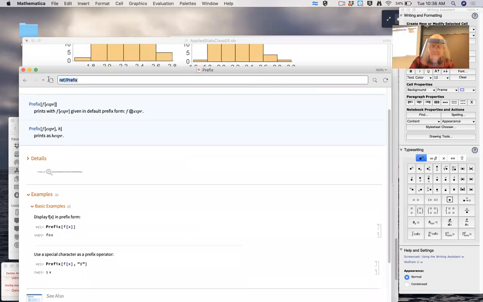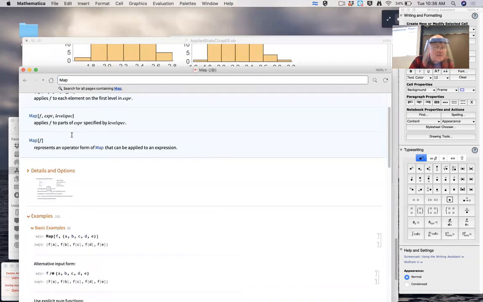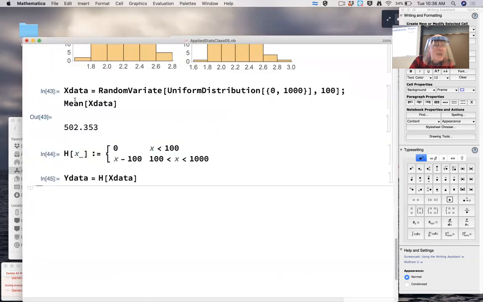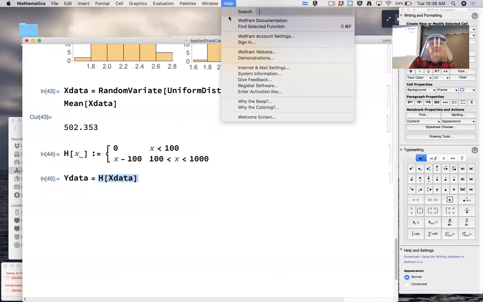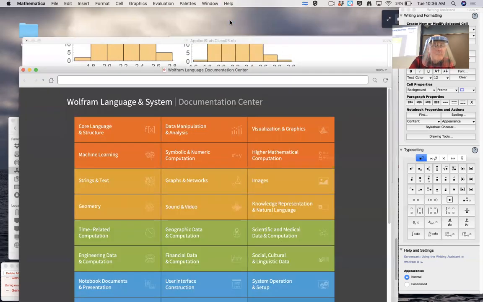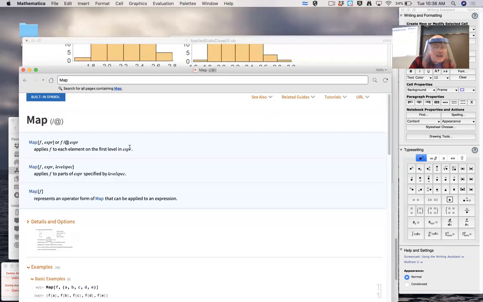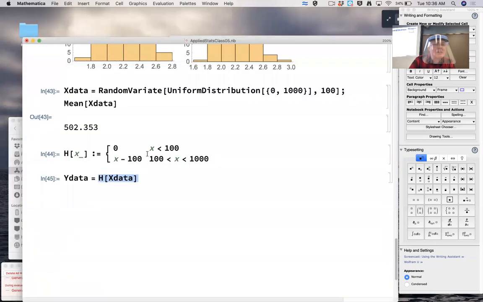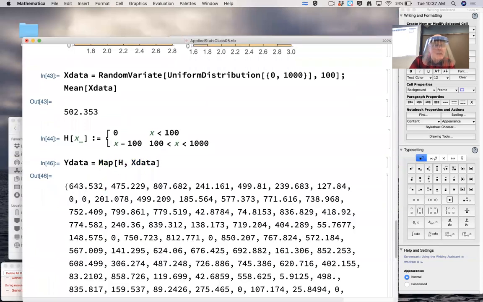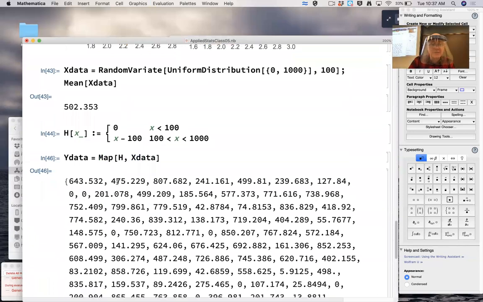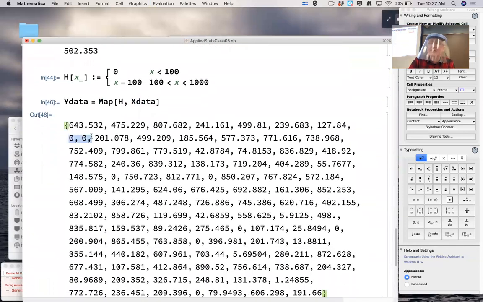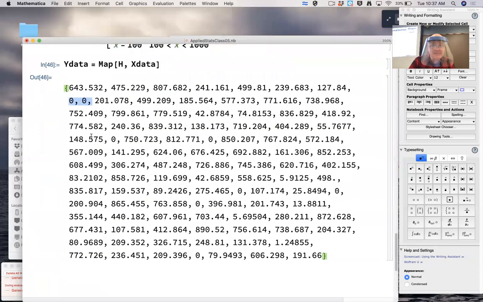Map. I think that's it. Yeah, that works. Okay, Map. Oh, I already forgot the syntax though. Okay, there we go. See it. Map H X data. There is the corresponding payments from the insurance company. Notice there are some zeros, exactly zeros.